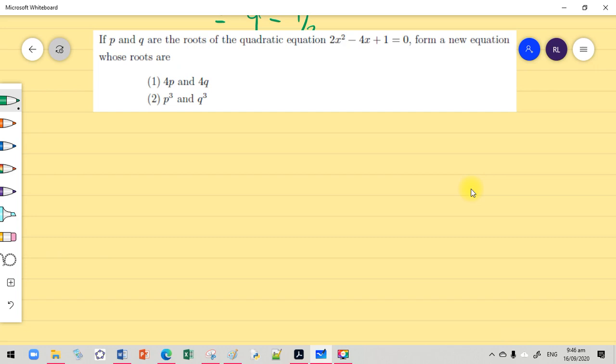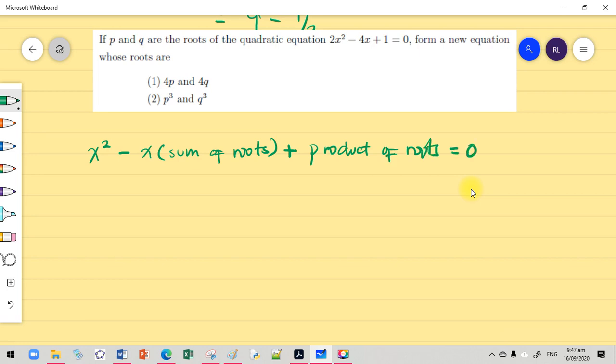We derived it, and we found out that a quadratic equation can be expressed as x square minus x times the sum of roots plus the product of roots, and that's equals to 0.